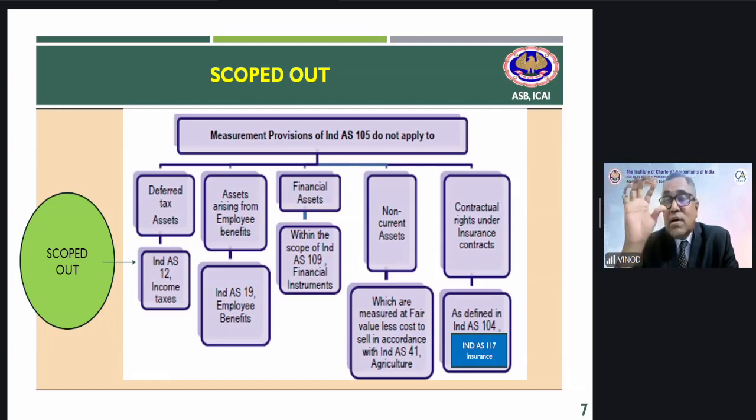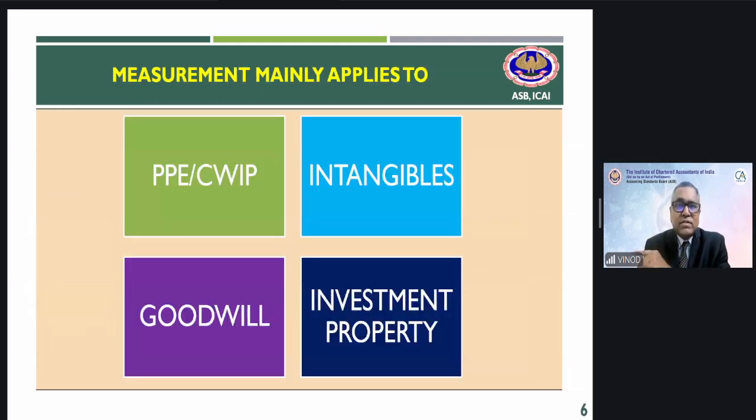So what we need to understand is that when I'm selling a disposal group or a CGU, whenever I have to deal with a financial asset or any of these scoped out items, I must use the valuation or measurement as per those Ind AS and not as per Ind AS 105. Scoped out items are included in the disposal group but are measured under those particular Ind AS.